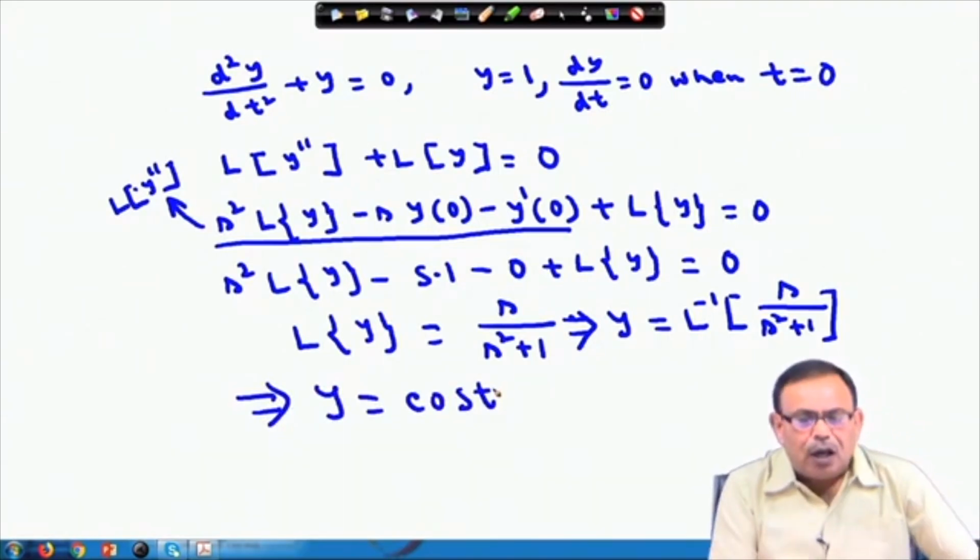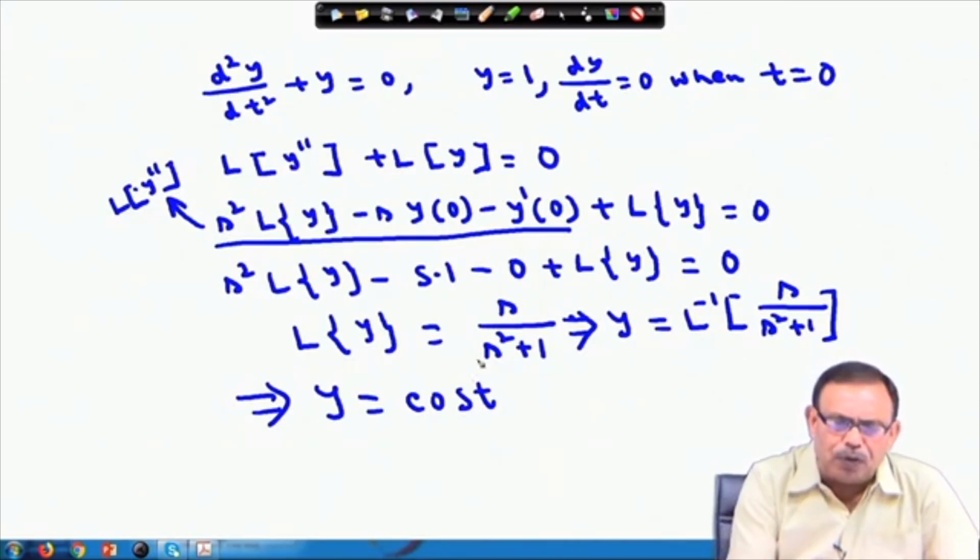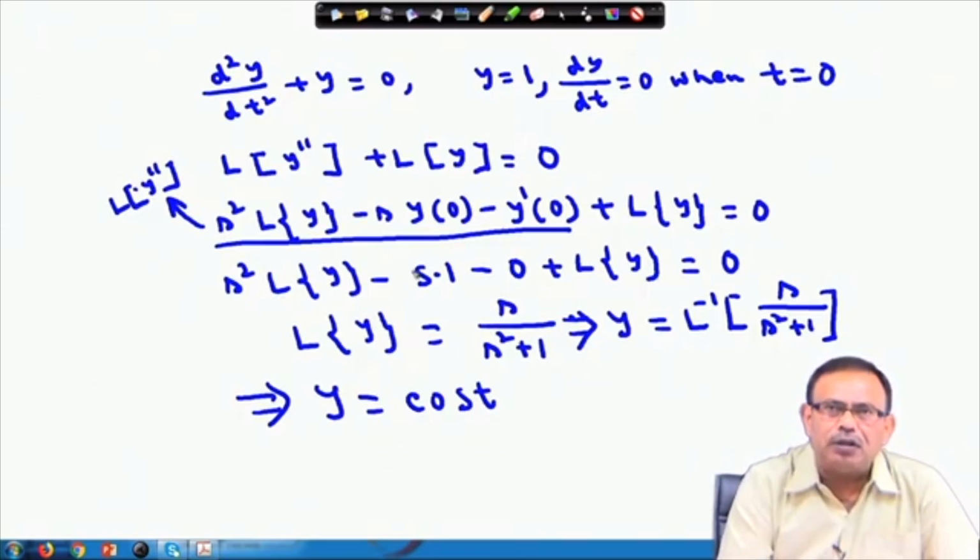So, you see, in very small steps without doing much calculation, I take the Laplace transform on both sides of the given equation, and in that way the ordinary differential equation is transformed into an algebraic equation like this.